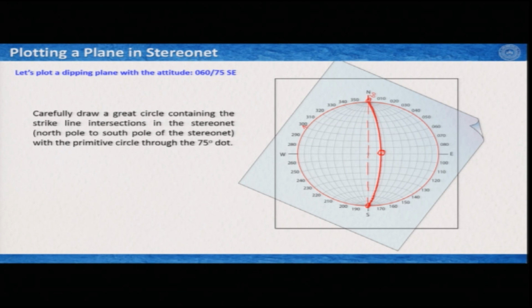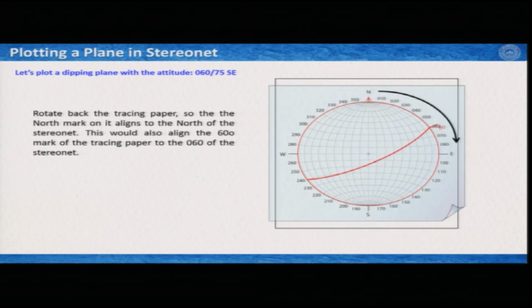Now, your task is to rotate the Stereonet back again and align your north mark on the tracing paper to the north mark of the Stereonet. Doing so, your 60 degree mark on the tracing paper would also align to the 60 degree mark of the Stereonet, and the great circle that you have drawn in the previous step would appear like this, and this is the projection of the dipping plane 60 degree, 75 degree southeast.